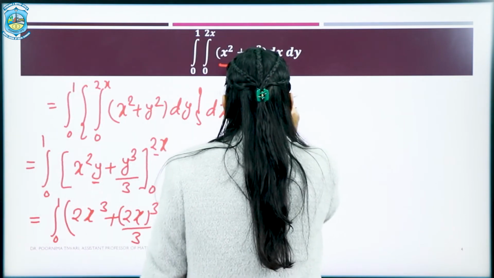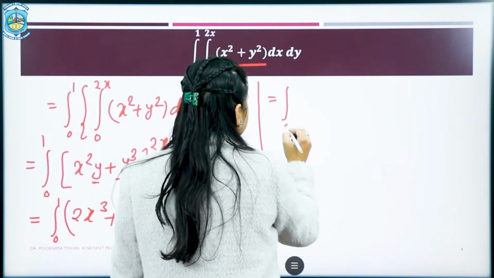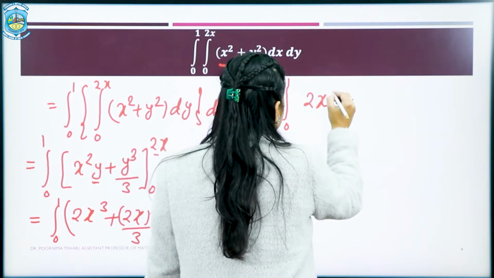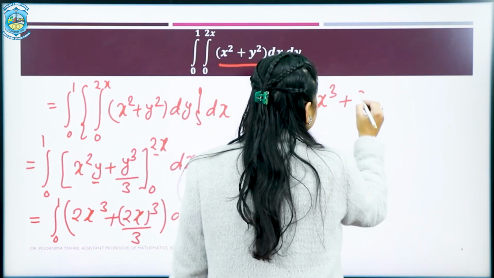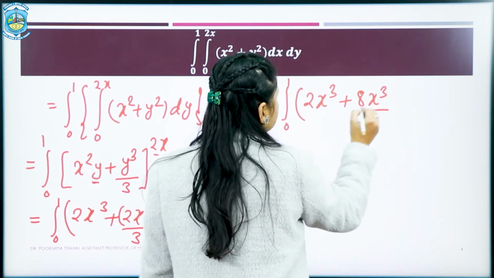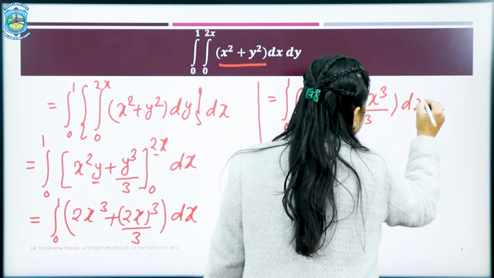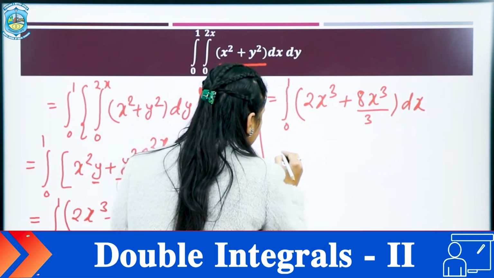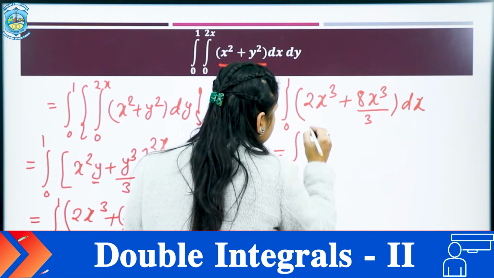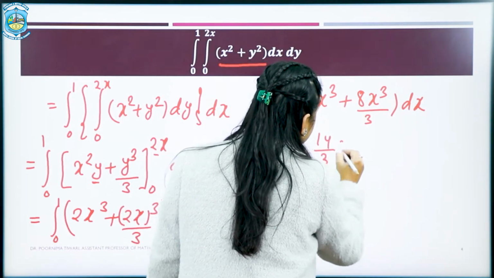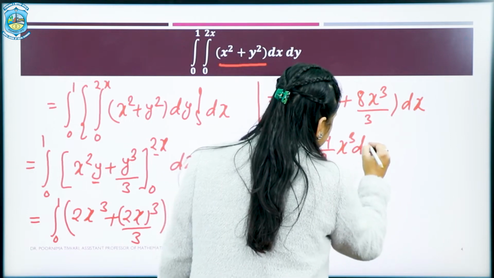Now the value of this integral is integral 0 to 1, 2x cube plus 8x cube upon 3 dx. And now, when we add, we get integral 0 to 1, 14 by 3 x cube dx.